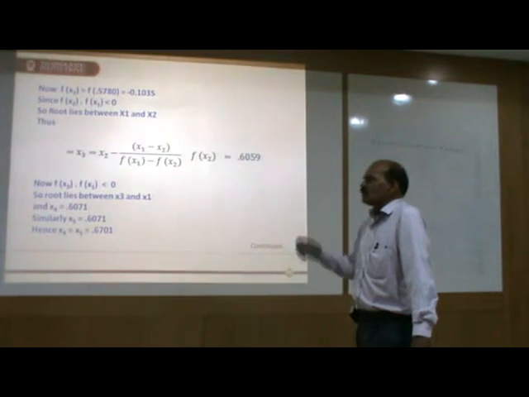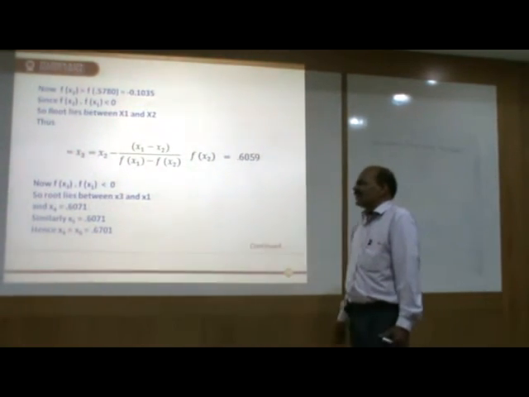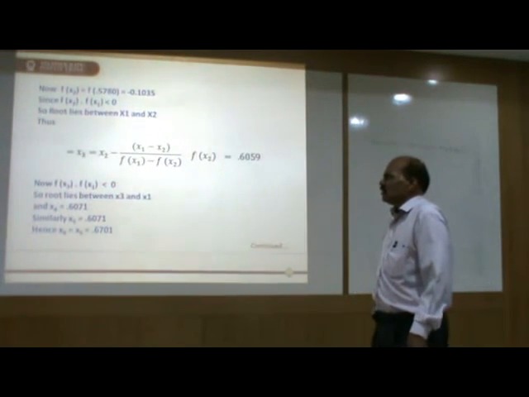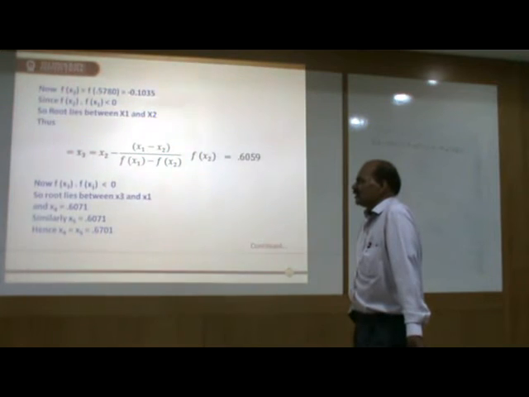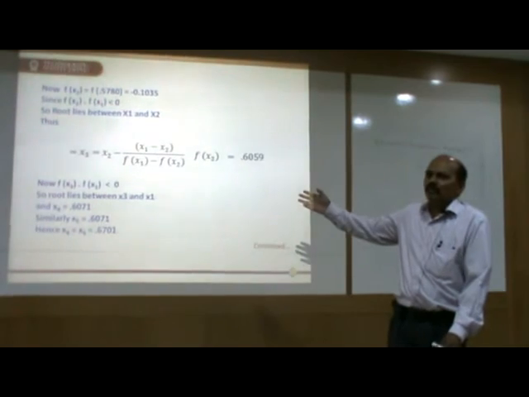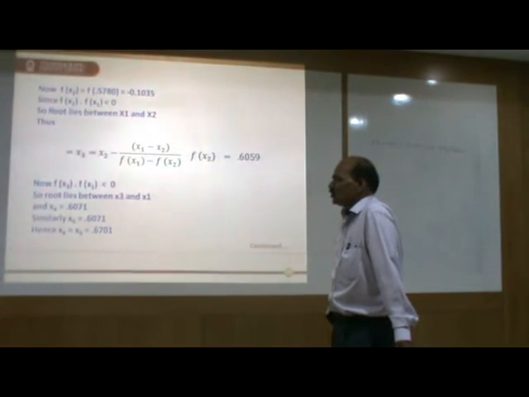And similarly we have calculated the next x5, which is 0.6071. So here x4 is equal to x5. Therefore our root is 0.6071.